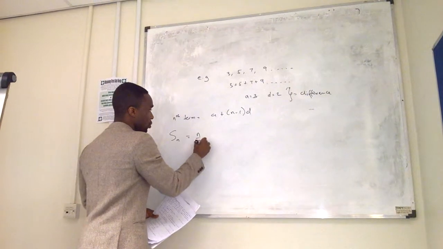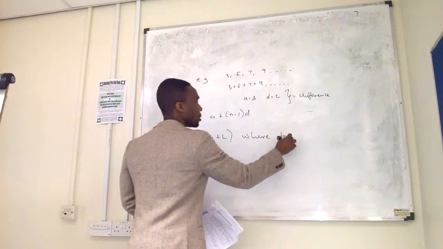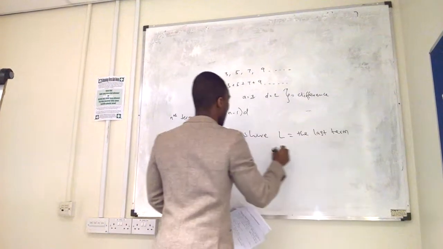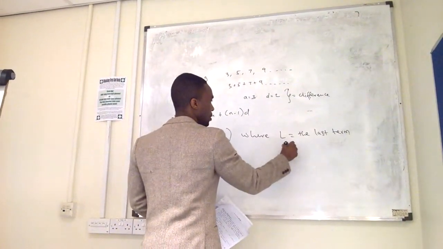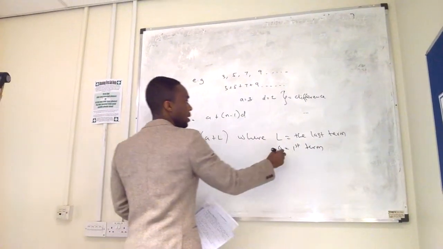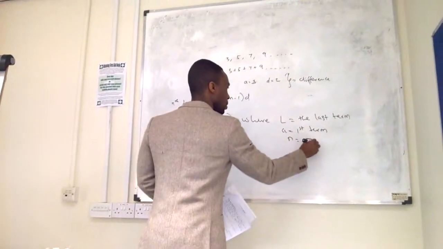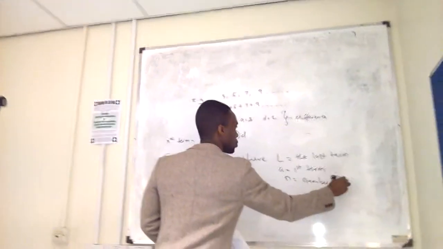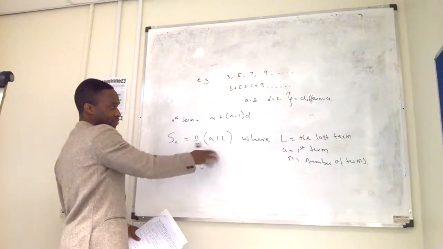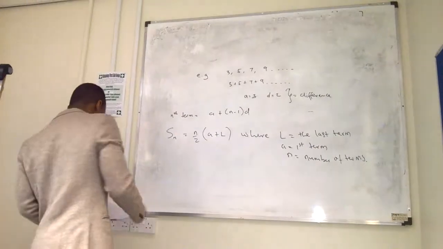One is n over 2 times (A plus L), where L is the last term, A is the first term, and n is the number of terms. I'm not going to write how we derive this formula. There's no need. Just know them.